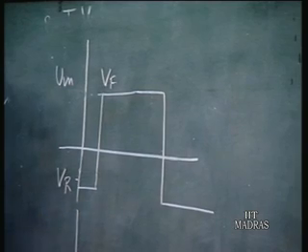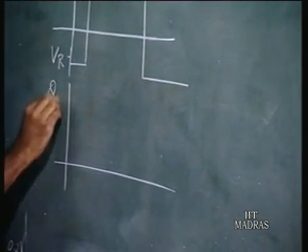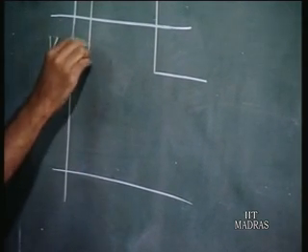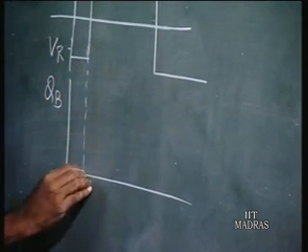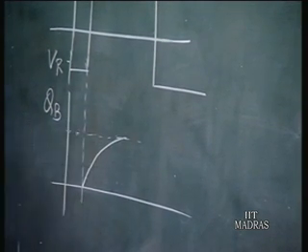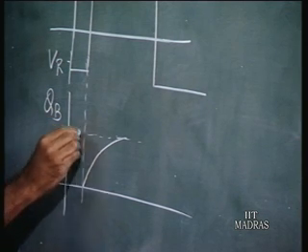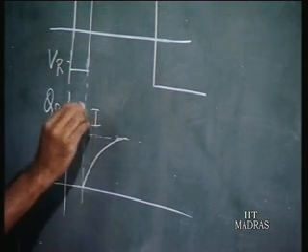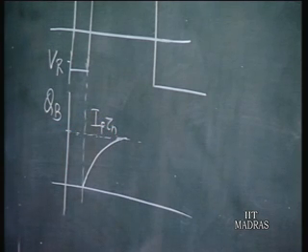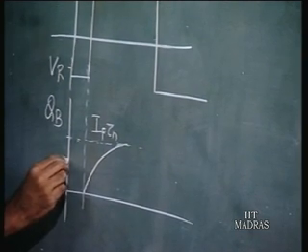Now if you plot the charge QB, what has happened is, at this point it went up exponentially, and this value is IF tau n, where IF is the forward current. Now it reached saturation at some point.